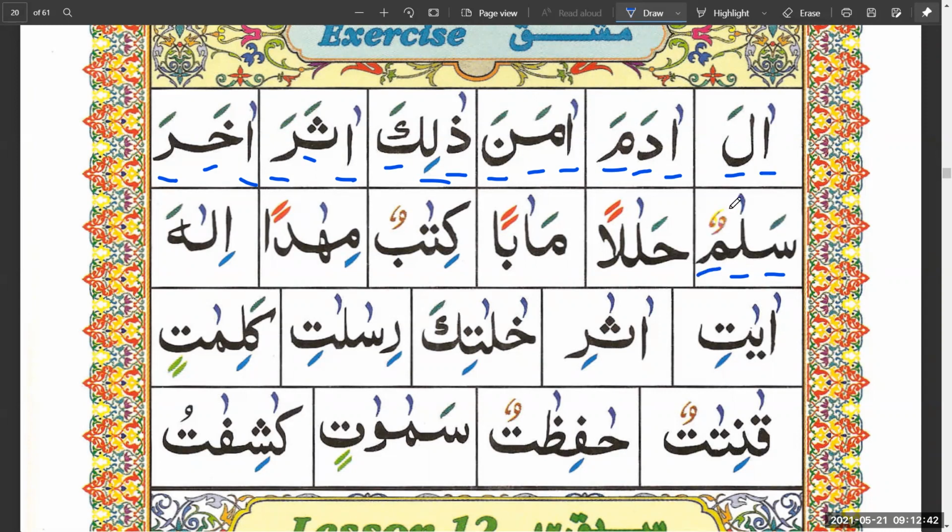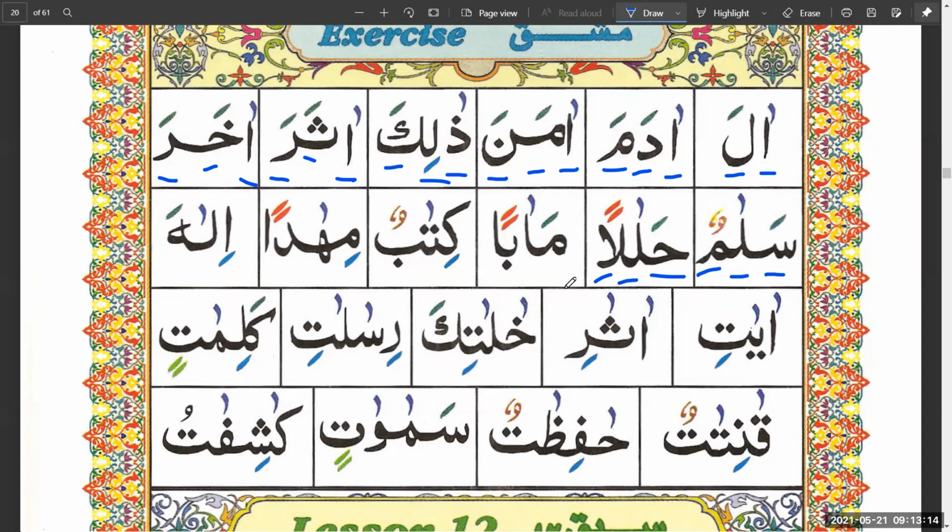Do you remember what this symbol is? The two dhamma, mun. Remember, two dhamma makes the un sound. So salamun. Next one, we have ha fatha ha, lam standing fatha la, and lam two fatha lan. Halalan.